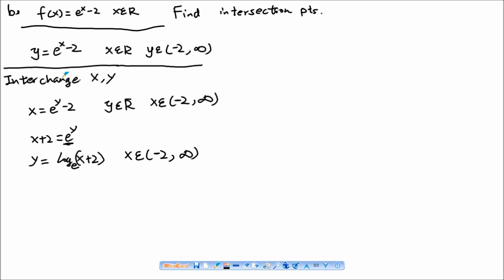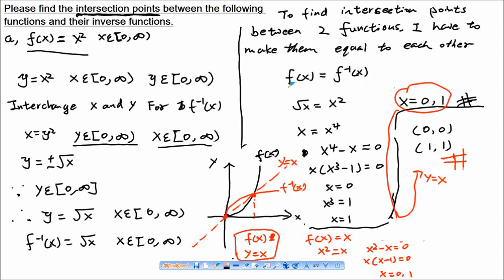And I need to find the intersection point. There are two ways of doing it. As I explained here, we can do that, or we can just do that.